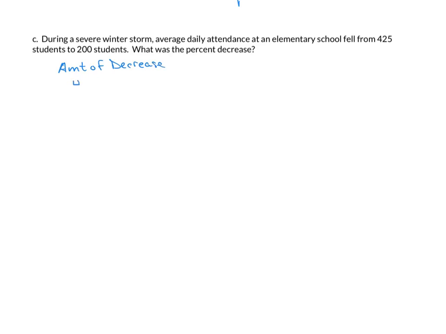This is going to be 425 minus 200, which is equal to 225. All right, if we set up our proportion, we get P over 100 equals, my 225 goes on top, and then which number did we start with? Originally, attendance was at 425.